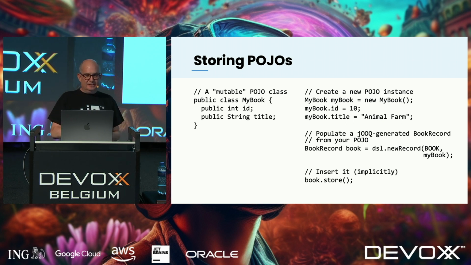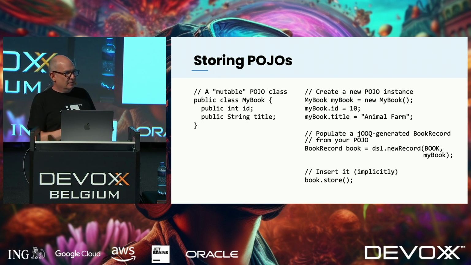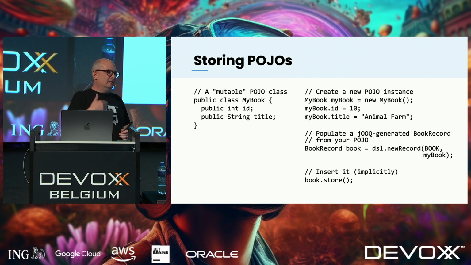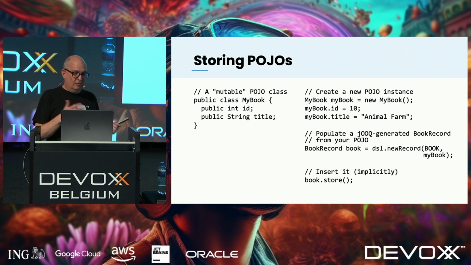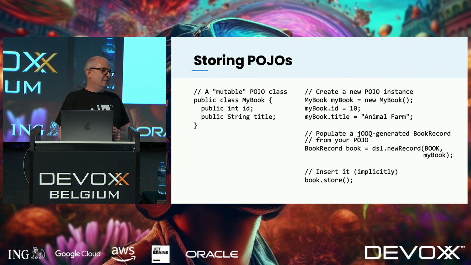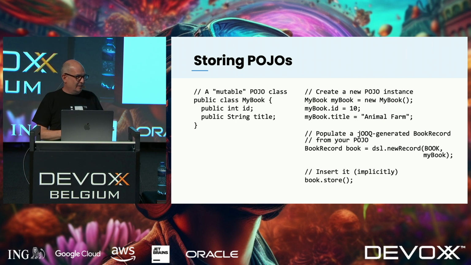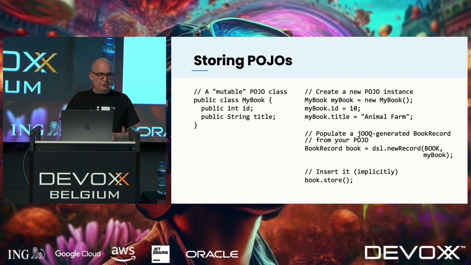So in that case, we send the POJO to the method newRecord. That means jOOQ will create a new book record and populate the book record with the data from my book. This obviously only works if the attributes have the same name, so it does that by naming convention.